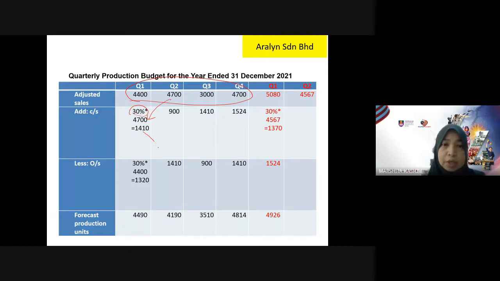And then don't forget to bring the value to the next period, second quarter. Any questions? How about this figure? 30% from 3,000, from this figure. Then we bring down the value.